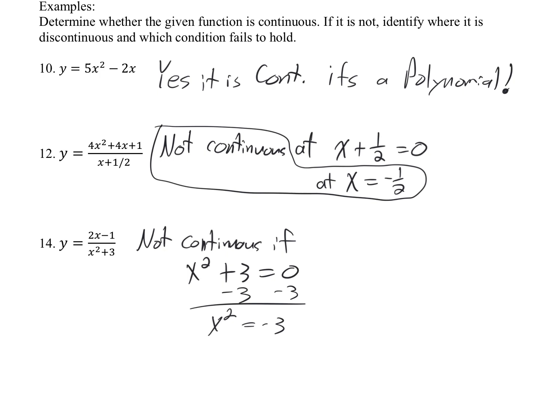Now, depending on how clearly you're thinking about this, you can stop right here. If you square a number, you will always get a positive number, so it's impossible for a square to give you a negative number. So here, you could just say, this is not possible.